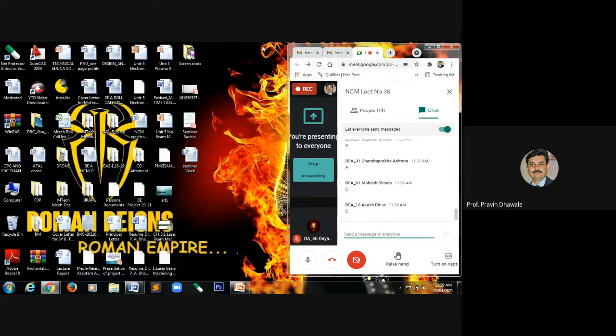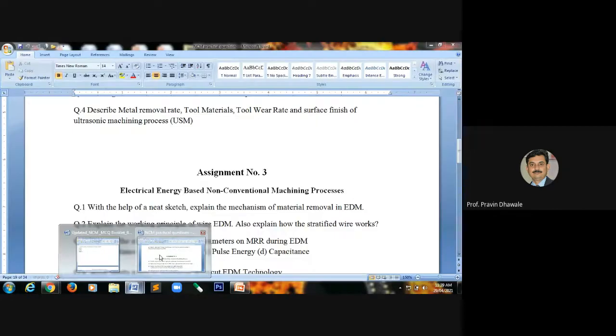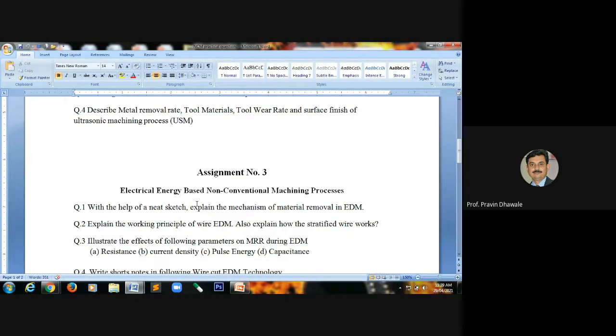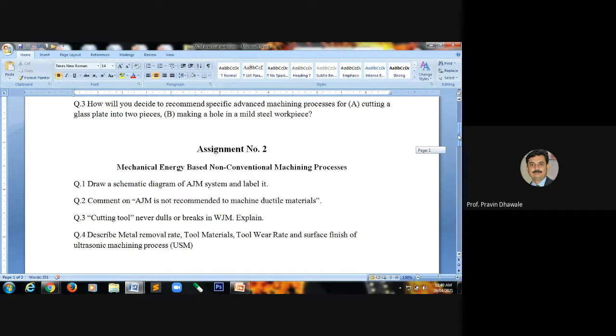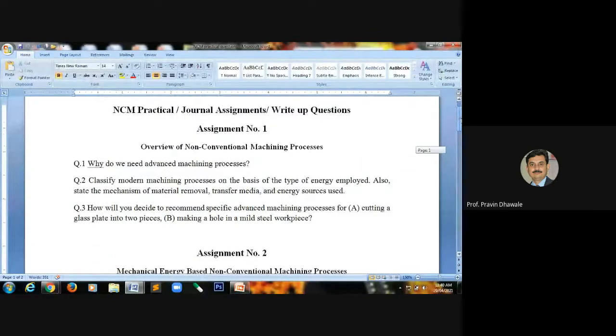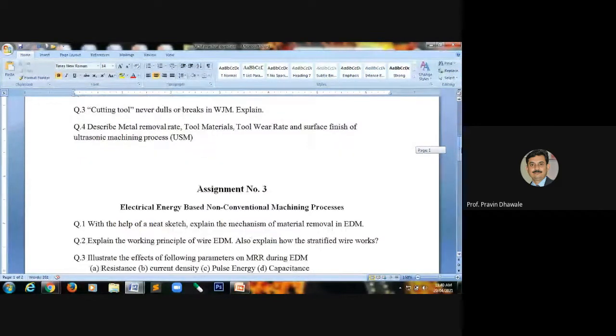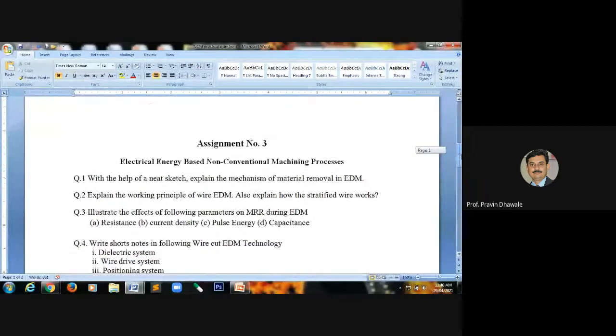Then, as we discussed, we must write the assignment, 1 page or 2 page assignment for each chapter. I think in the last lecture, in the practical session, I gave the assignment question for overview of non-conventional material process, mechanical energy based, electrical energy based non-conventional. Right?